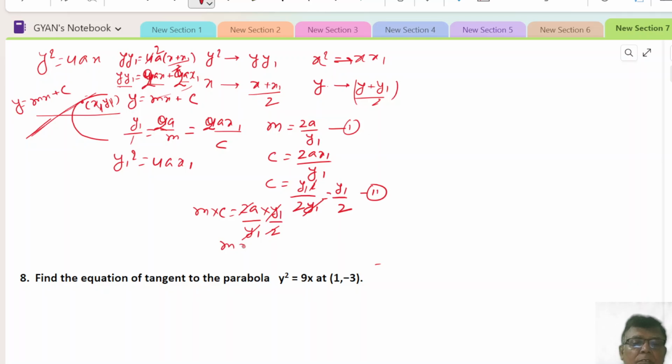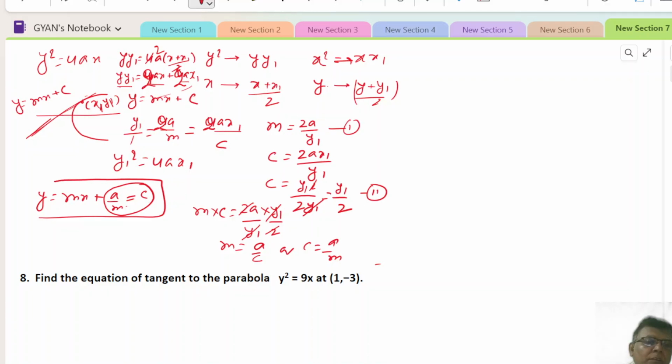Then m is equal to a by c, or c is equal to a by m. Then what will be the general equation? y is equal to mx plus a by m. So c is equal to a by m. Then the equation must be the tangent on the parabola.